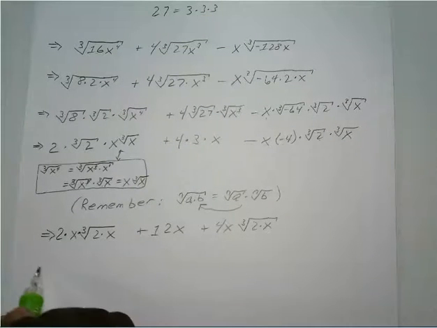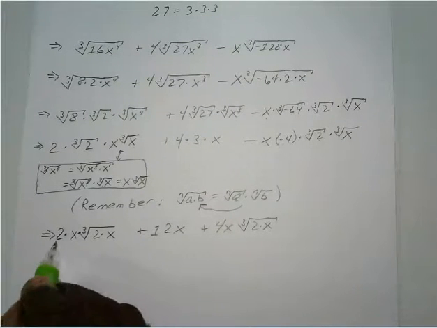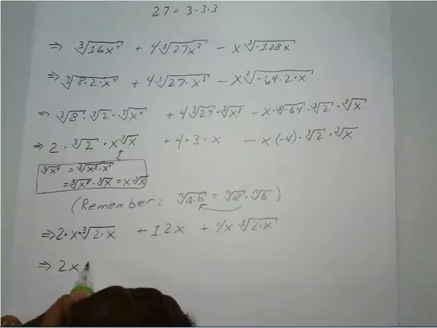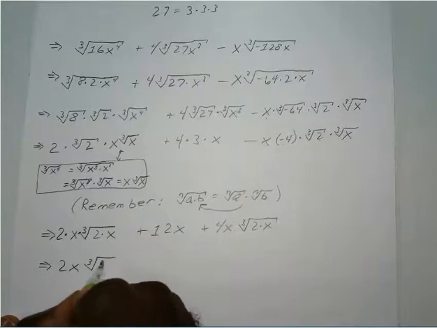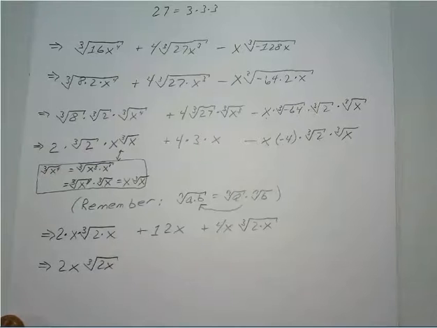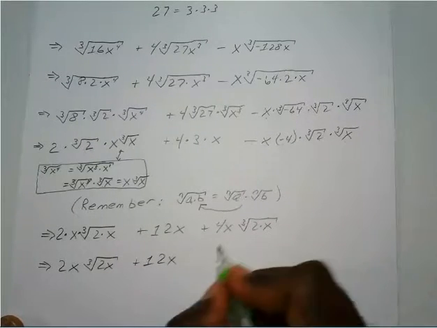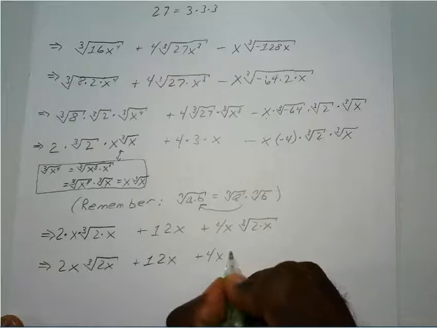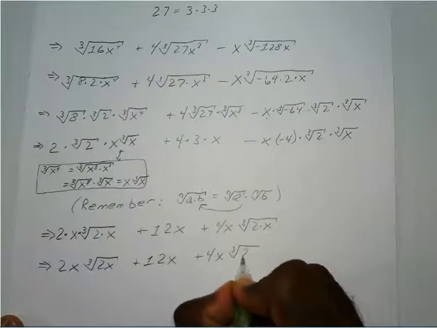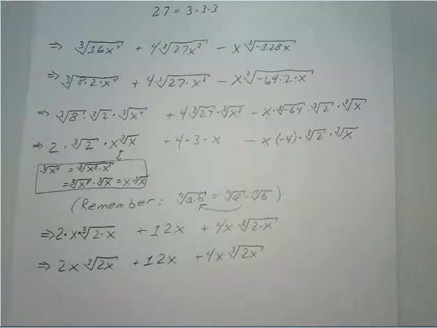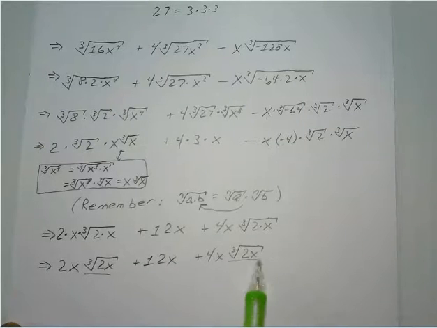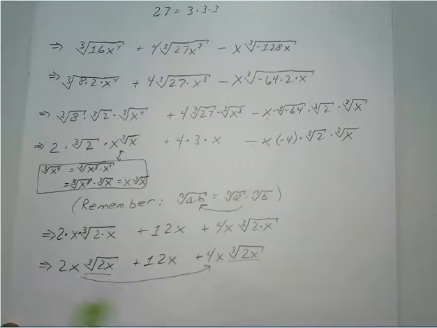Okay, so if we go ahead and simplify those, you have 2x times the cube root of 2x plus 12x plus 4x times the cube root of 2x. Okay. Now if you notice here, you have cube root of 2x and cube root of 2x. So you can actually combine these two.